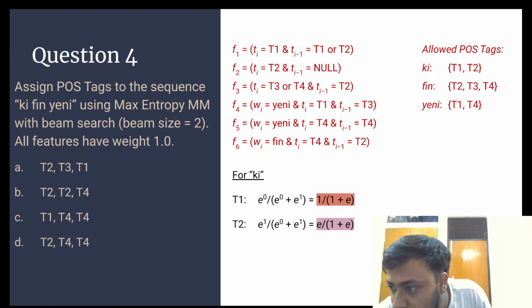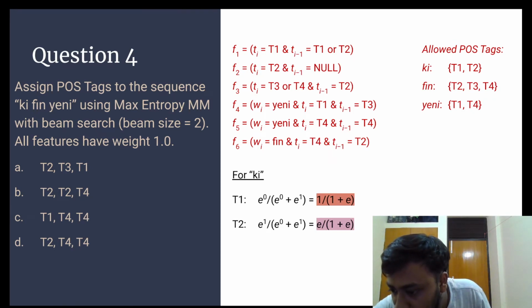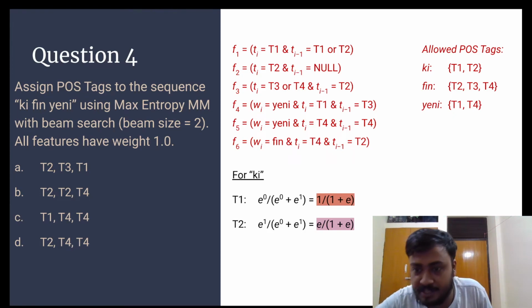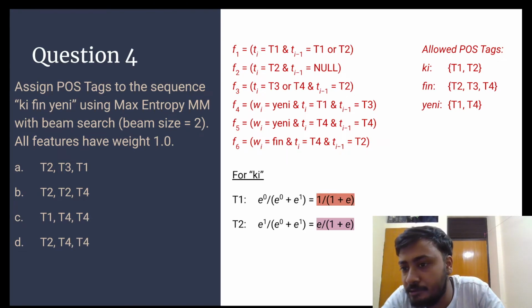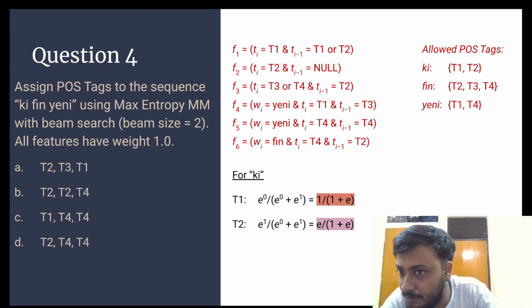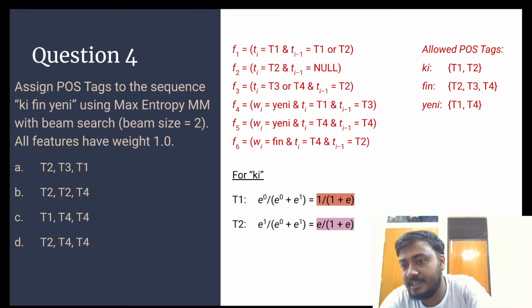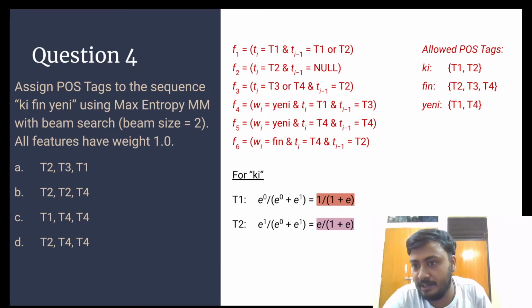So somebody had a question. How to select the allowed POS tags? Oh, you don't have to select that. That will be given in the question. Like here they have said the allowed POS tags are this. If that is not given in the question, then you have to consider all possible tags at all possible steps.